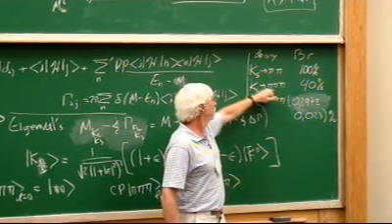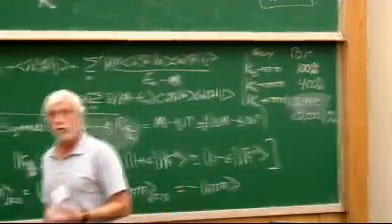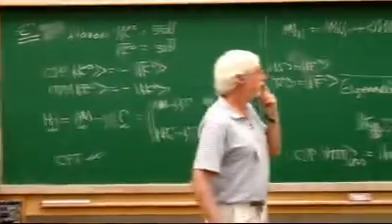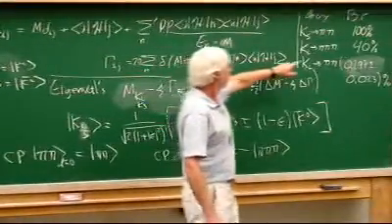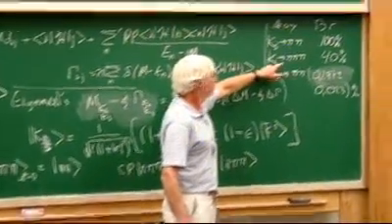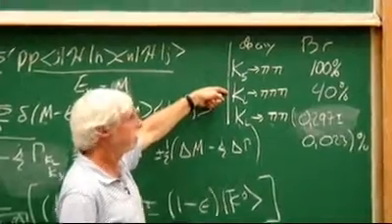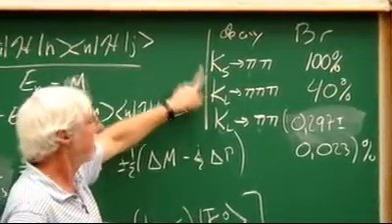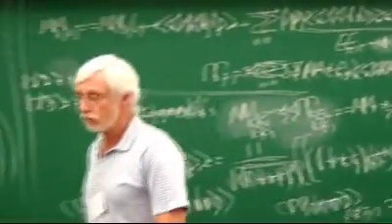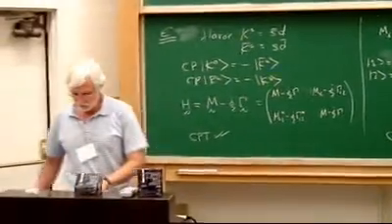And so it actually turns out that the K long has 100 times longer lifetime than the K short. And it has this interplay between CP, the nearly good symmetry, and phase space, which is a peculiar thing in the kaon system. It doesn't happen for B mesons and D mesons.